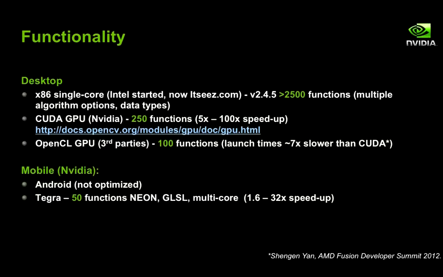However, there's also OpenCV for the Tegra platform, specifically for NVIDIA's Tegra mobile platform, which contains about 50 very commonly used functions optimized using the Neon SIMD in the ARM CPU, as well as some GLSL optimizations, as well as some multi-core optimizations for the quad-core ARM CPU. It gives about 1.6 to 32x speed up in comparison to the OpenCV for Android version.